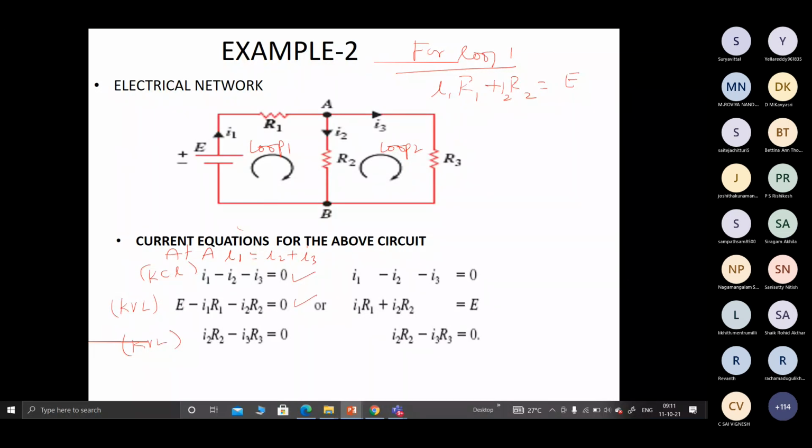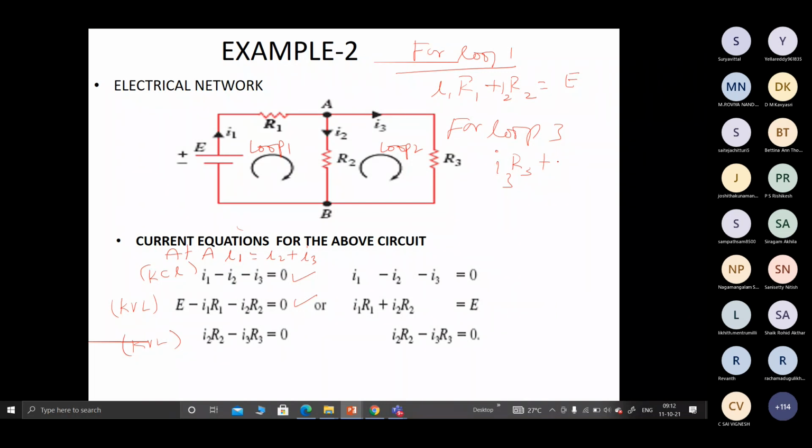For loop 3, tell me, there is no applied voltage, so all drops only. Start from here and go in one order. I3 times R3 plus what's the drop across R2?